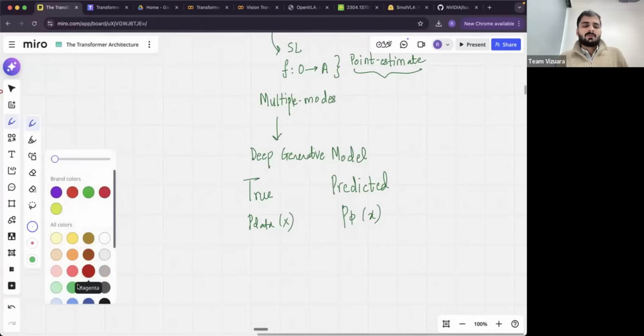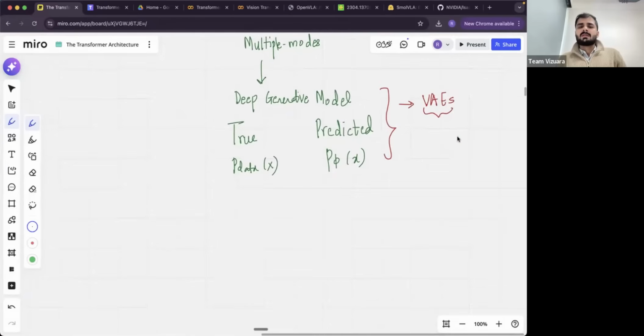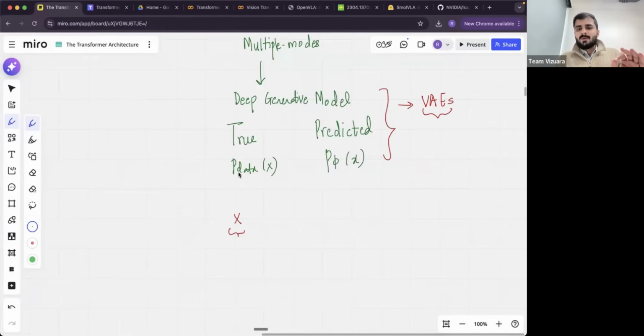Now we looked at one specific class of deep generative models, which is variational autoencoders. What variational autoencoders do is they take these input images. Now remember that we do not have this probability distribution. We don't know what that is. All we have is individual samples of data.